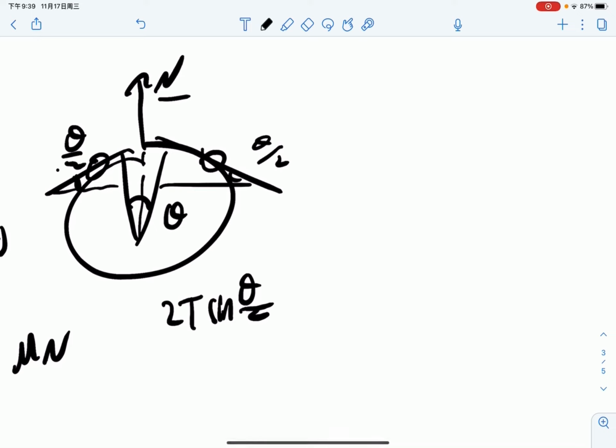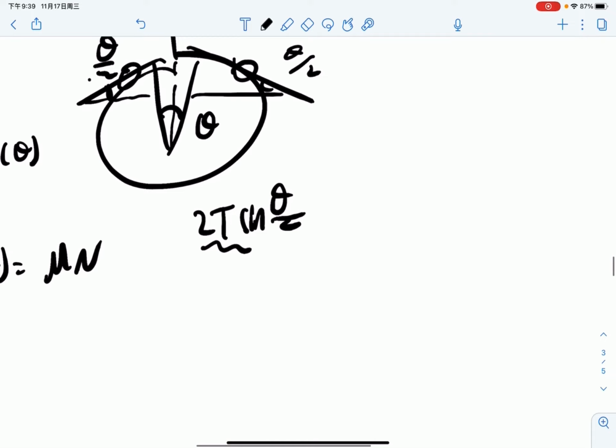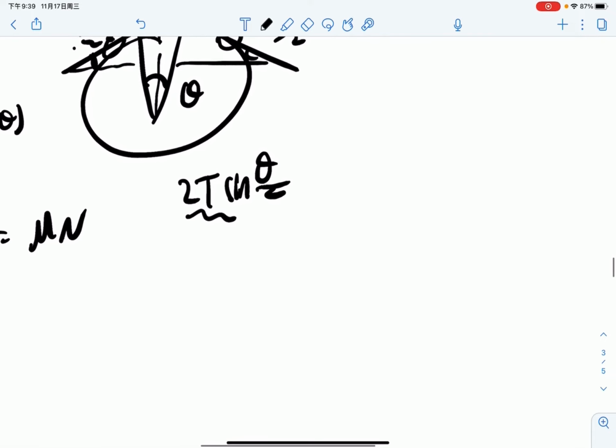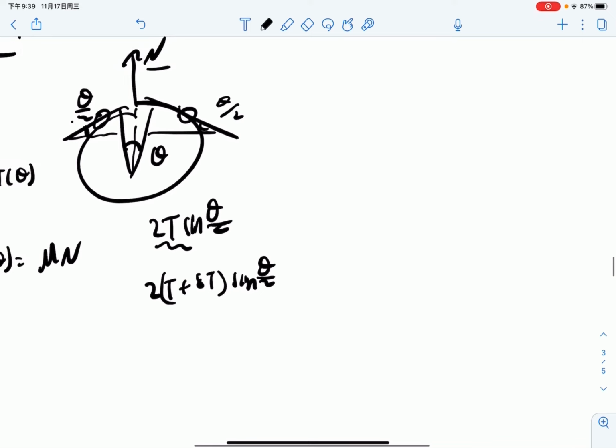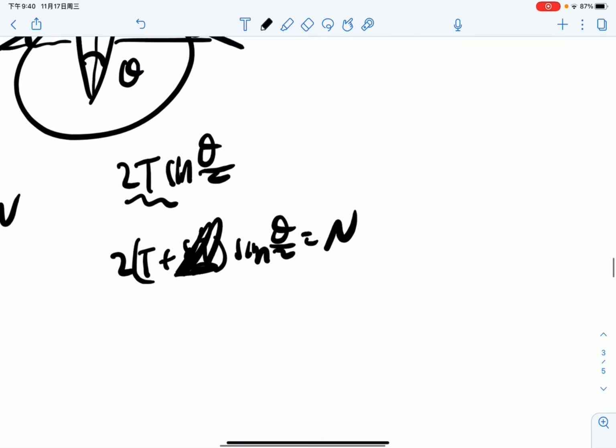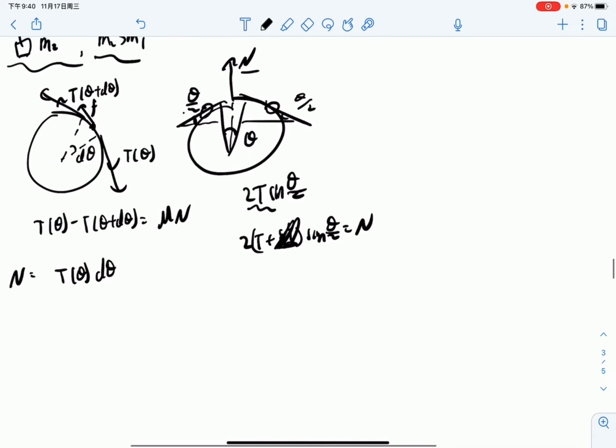And because d theta is really small, we just assume it is very, very close. Or if you're not comfortable, we can get plus delta T sine of d theta over 2, which is equal to n. We can see this term is really small, and we don't really have use for it.